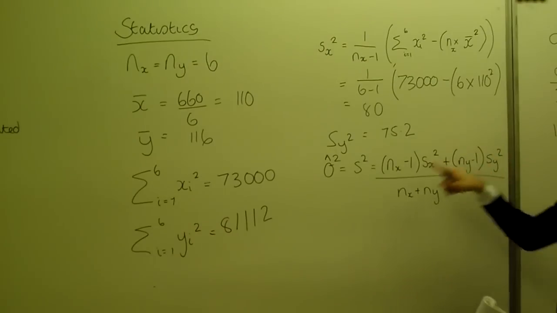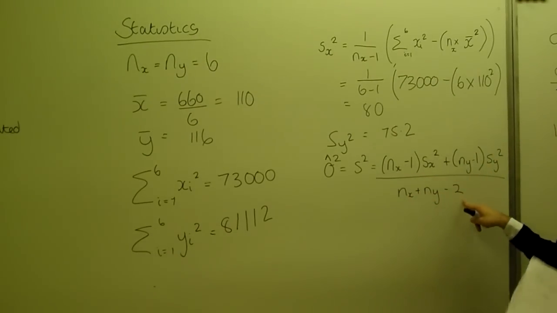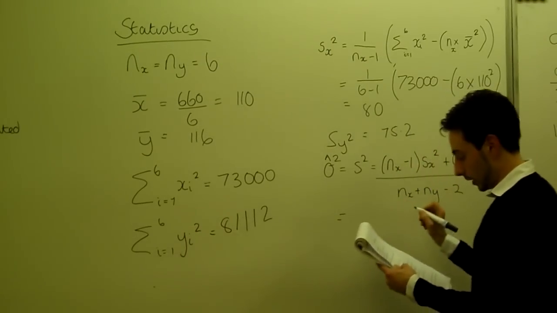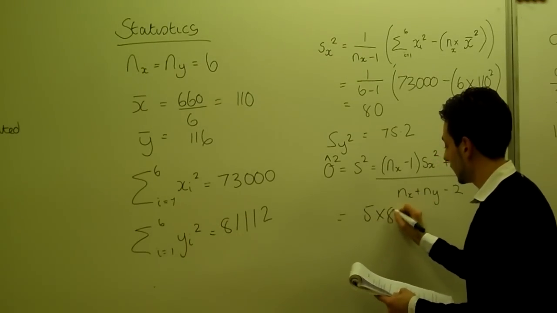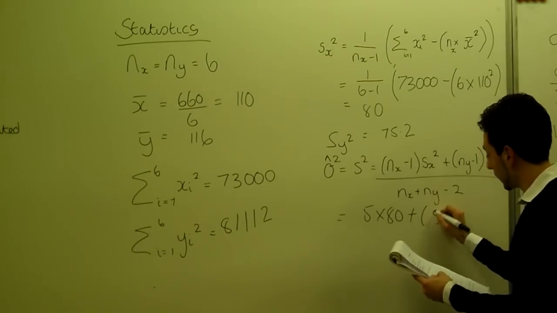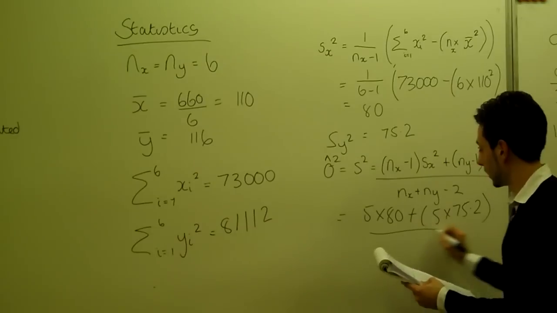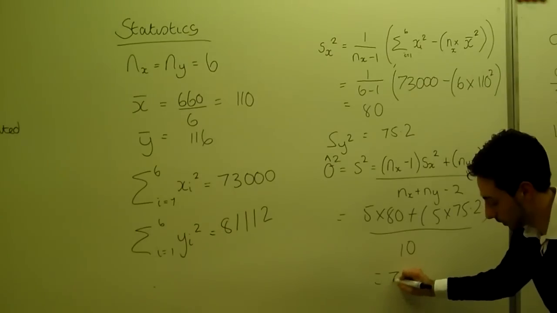Same for sy, and this is divided by our number of observations totaled minus 2, because we have 2 columns of data. So let's plug that in. So we would have 5 times 80 plus 5 times 75.2 all over 10, which would give us a value of 77.6.